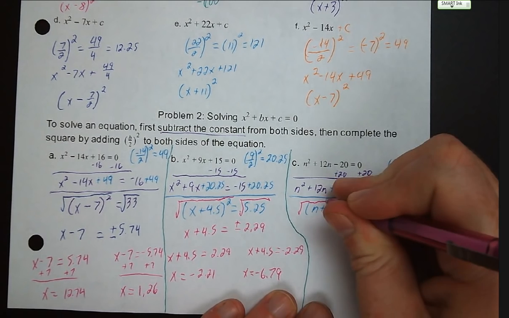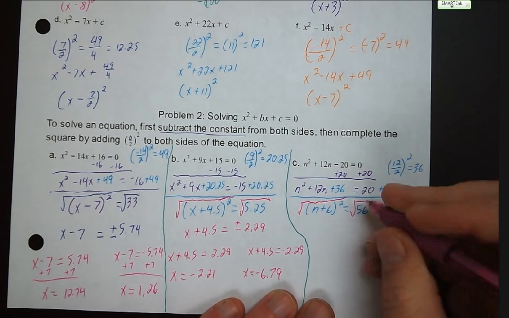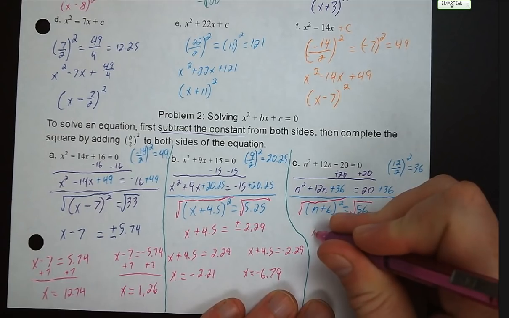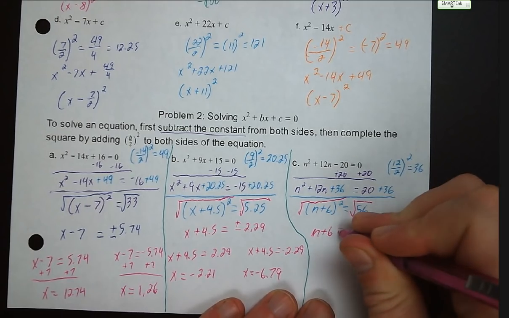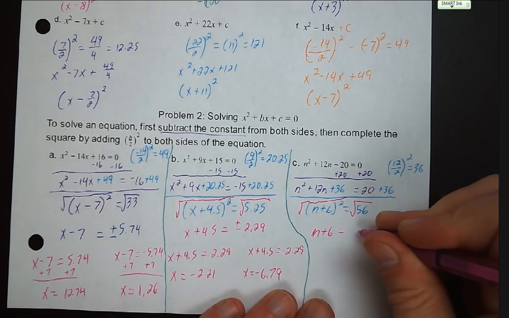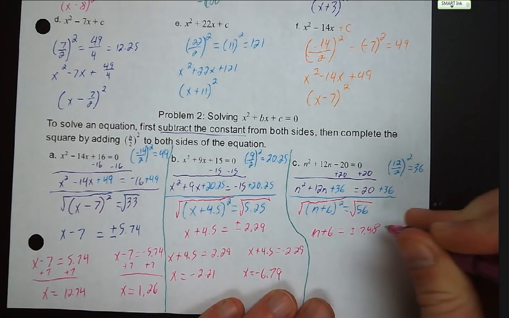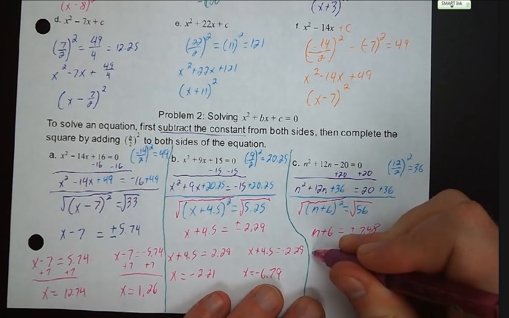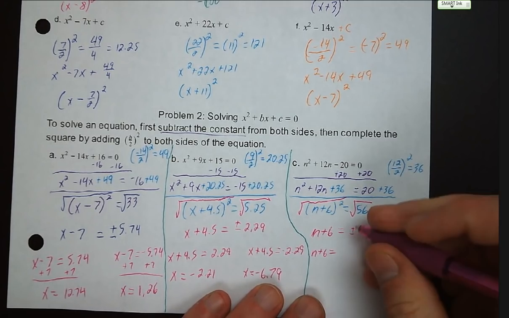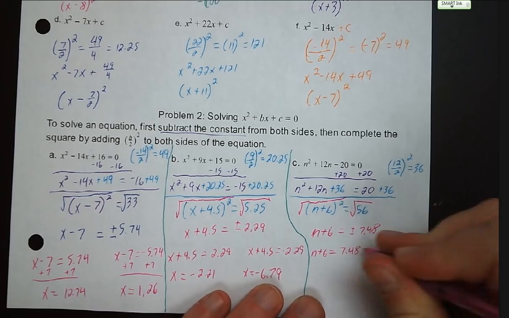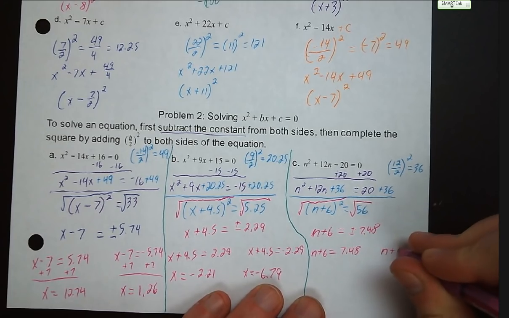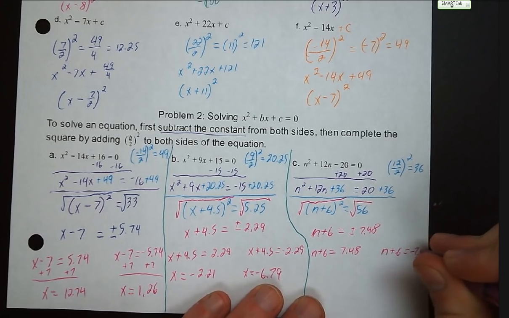Take the square root of both sides, and so I get n plus 6 equals, square root of 56 is plus or minus 7.48. So I have n plus 6 equals 7.48. n plus 6 equals negative 7.48.